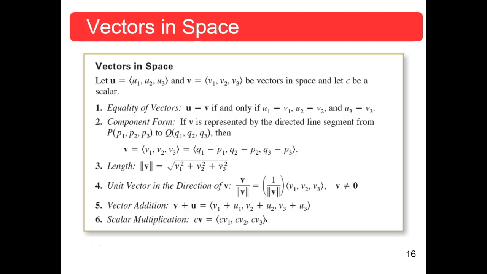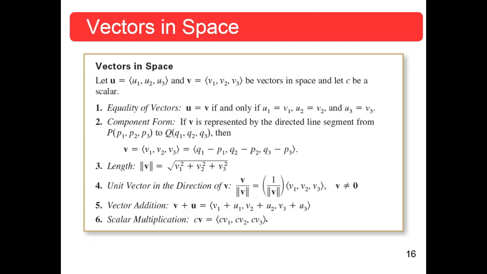Now, in component form, if V is represented by a directed line segment from P to Q, initial to final, then V is, just like we did on the last slide, V1, V2, V3 is Q1 minus P1, comma, Q2 minus P2, comma, Q3 minus P3, angle bracket notation. There you go.